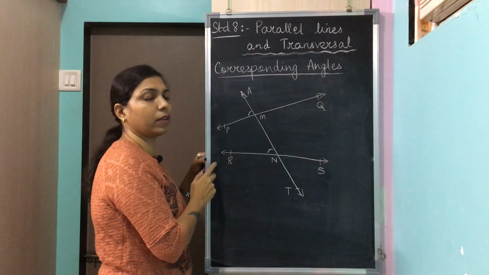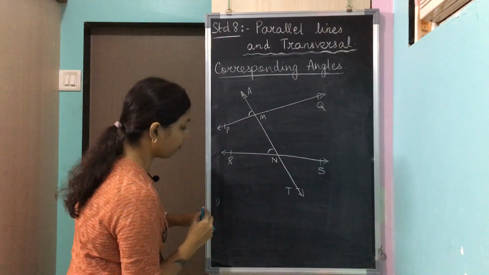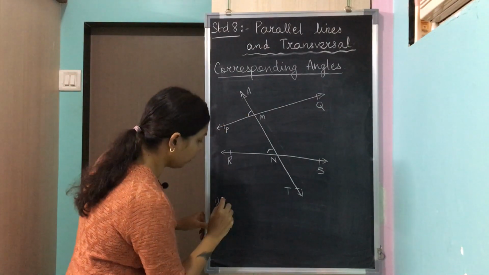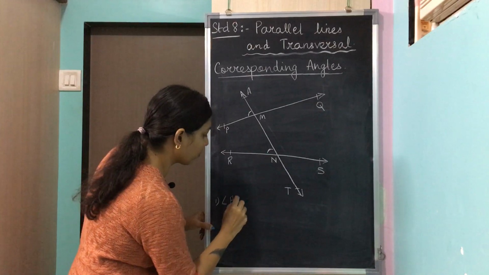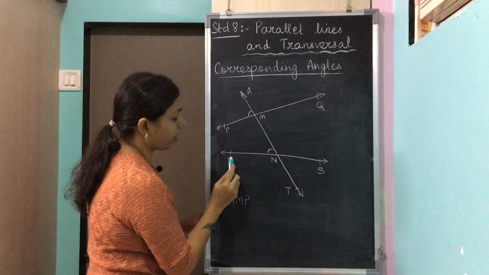So these two angles are called corresponding angles. So I'll write the first pair of corresponding angles over here, angle AMP and angle MNR.